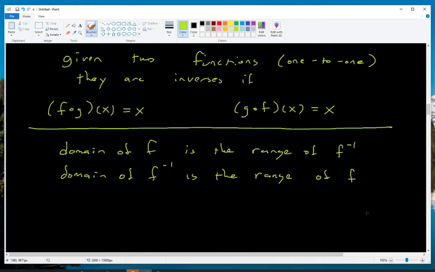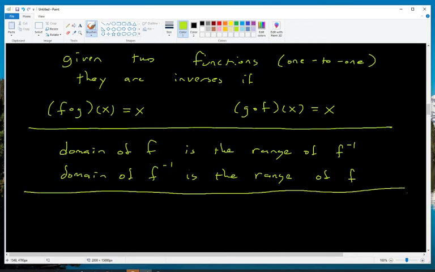So if they're inverses, the domain of f is the range of the inverse, and the domain of the inverse is the range of f. So that's a nice little property these have: the domain of one is the range of the other.